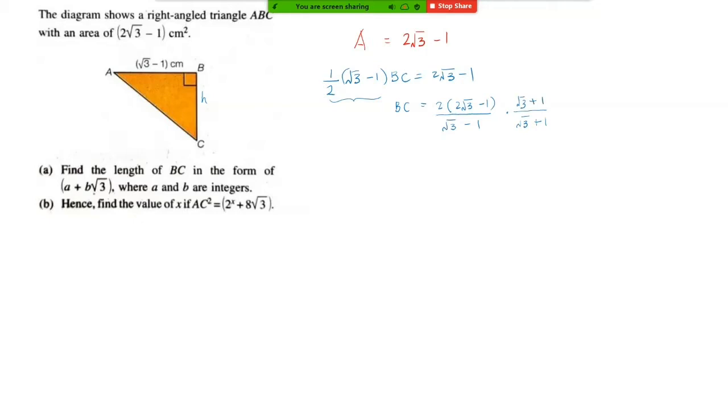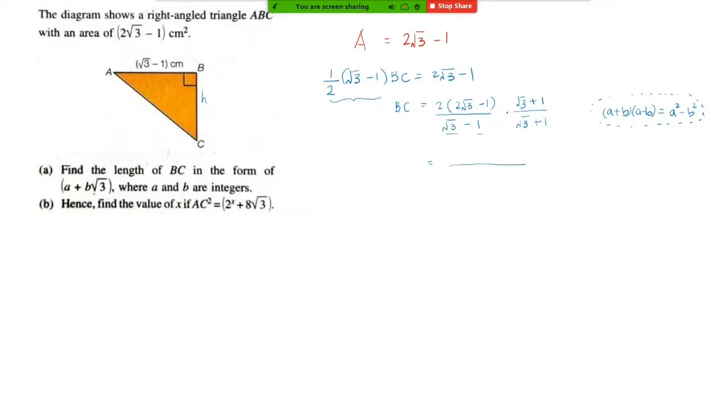When you have the form of A plus B and A minus B, that will give us the concept of difference between two perfect squares. And that is the fundamental concept of finding the conjugate, so that we can get back the difference between two perfect squares. So in this case, in the denominator, this is our A, this is our B.